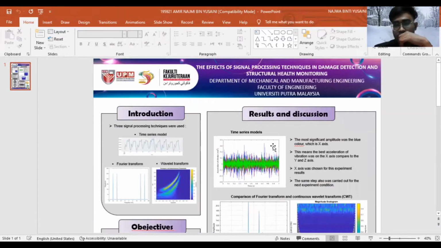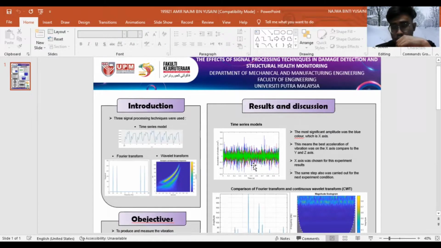Let's proceed to the results and discussion. For the time series, the data produced in the experiment is the time series. From the time series here, we can see that it has three different colors: blue, red, and green.